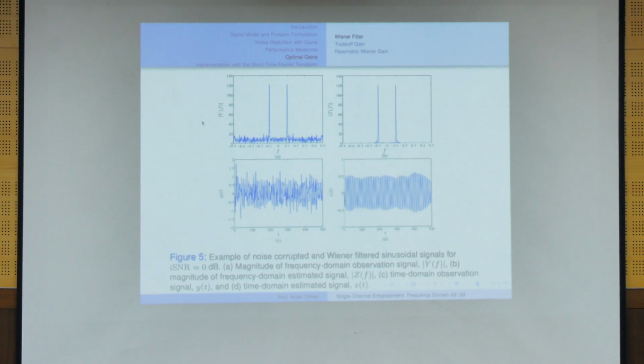Of course, if you know the clean signal, you know the input SNR for each time frequency bin in the STFT domain. But of course, you don't know the clean signal. So even if the noise is stationary and white, like white Gaussian noise, because the desired signal is non-stationary, it's very difficult to know the input signal to noise ratio for each time frequency bin.